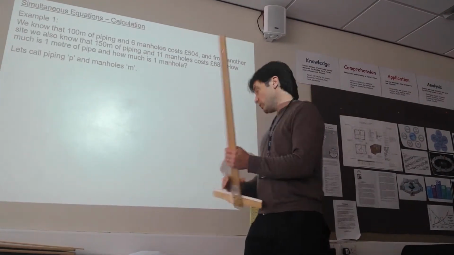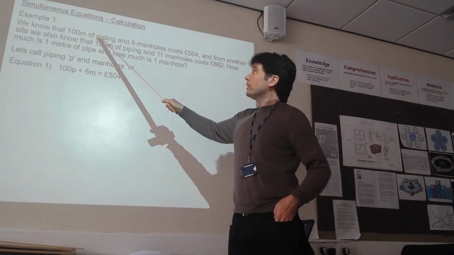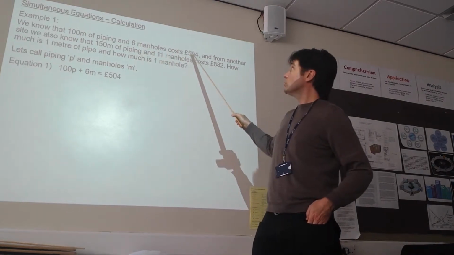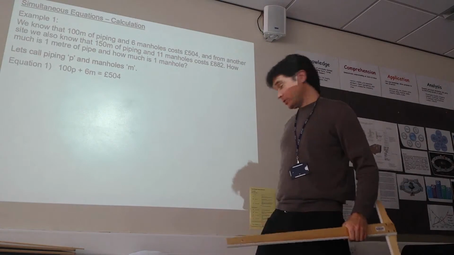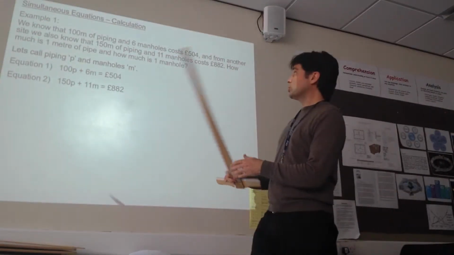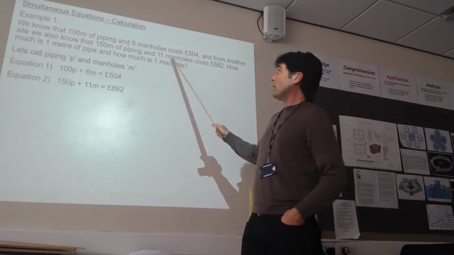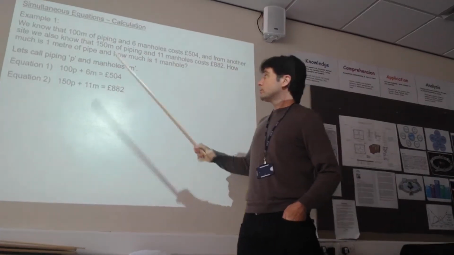So we've got two equations here. Equation 1: 100p plus 6m equals 504. And then of course the second equation: 150p plus 11m equals 882.